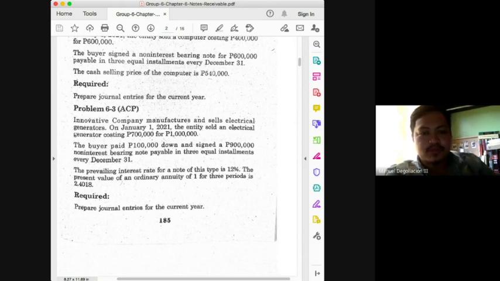The 2.4018 class represents the factor that will convert a series of cash flows, in this case three periodic payments, into their present value, that will convert the 3 cash flows into their value as of today. Because again, the assumption in accounting, in finance, is that future cash flows are not as valuable as their equivalent today.